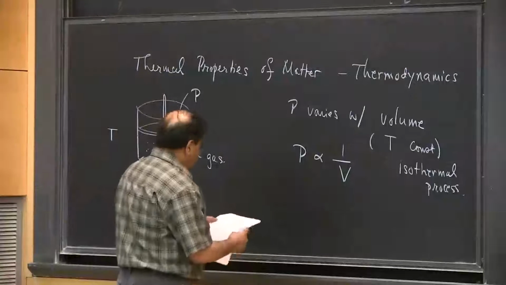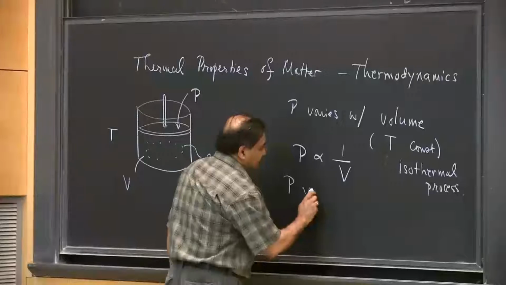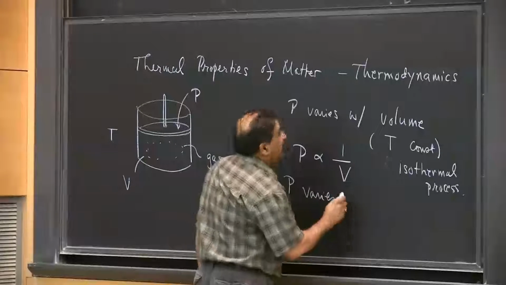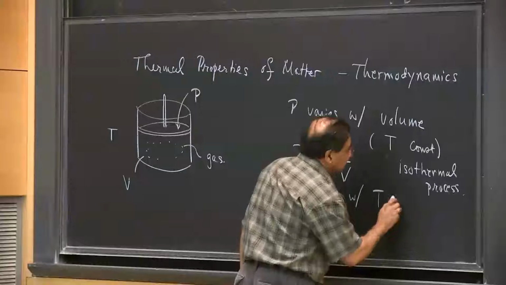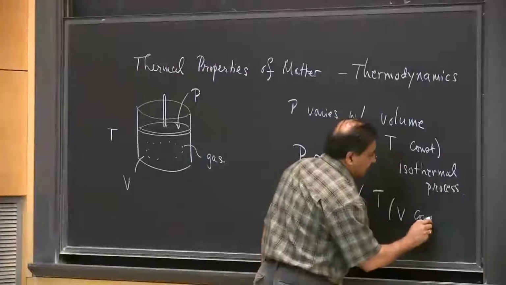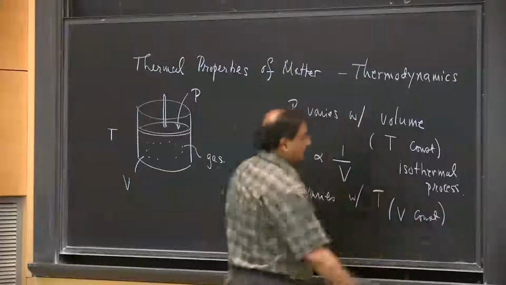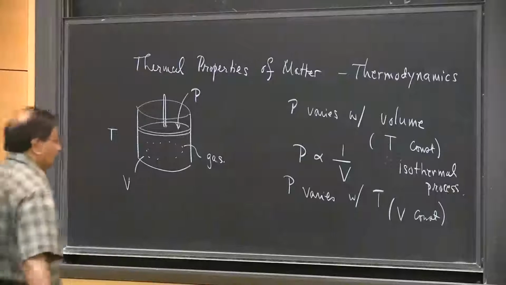Now we can ask how pressure varies with temperature T. This should be done with volume constant, otherwise things will become unwieldy. Volume constant also has a name, but let me not get into that.